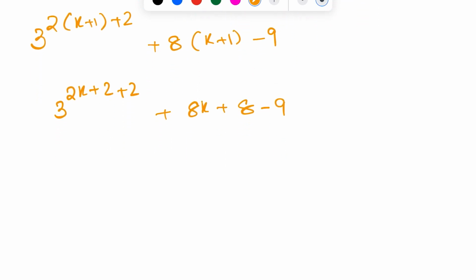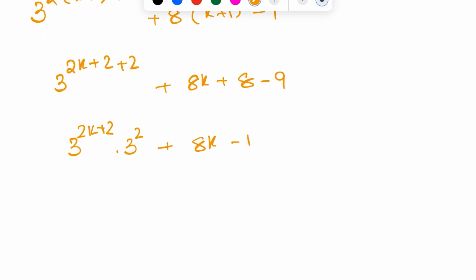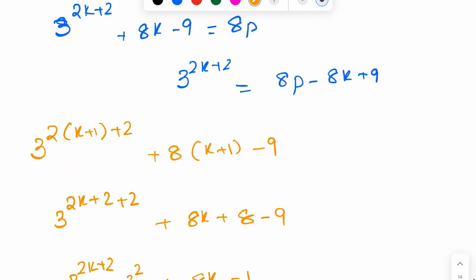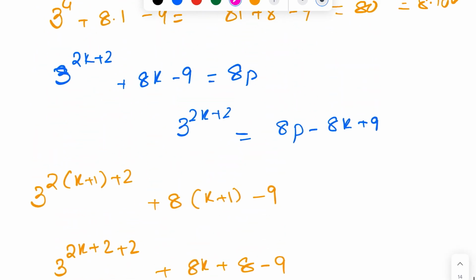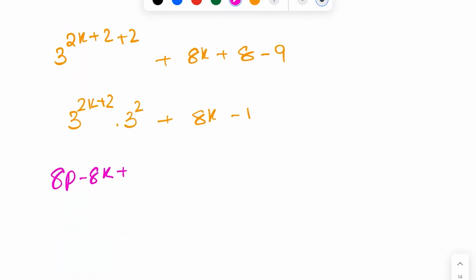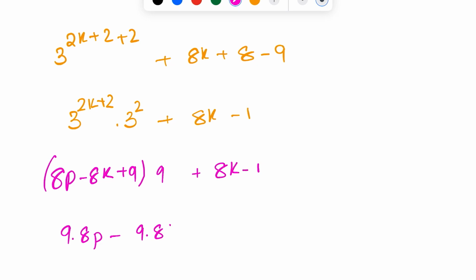So it becomes 3 power 2k plus 2 times 3 power 2 plus 8k minus 1. 3 power 2k plus 2 is 8p minus 8k plus 9. 8p minus 8k plus 9 times 9 plus 8k minus 1. So it becomes 9 times 8p minus 9 times 8k plus 81 plus 8k minus 1.